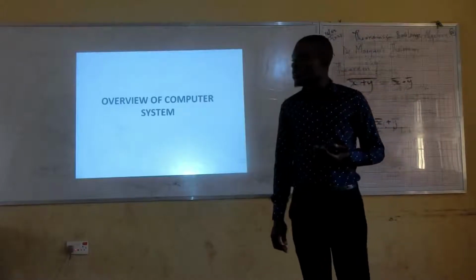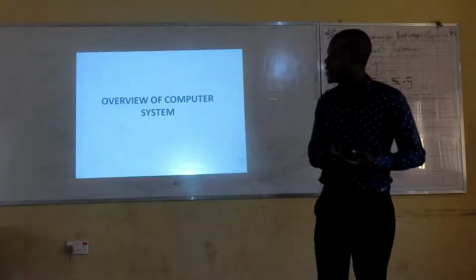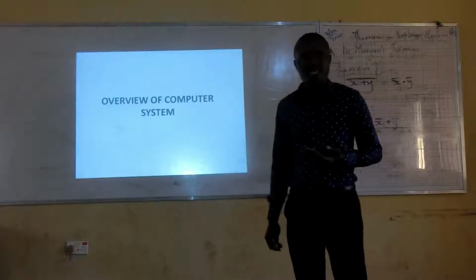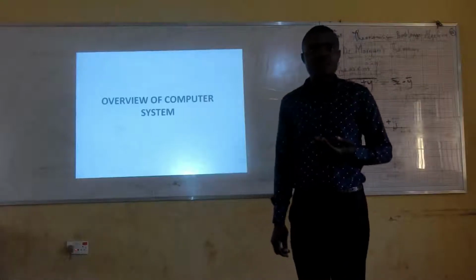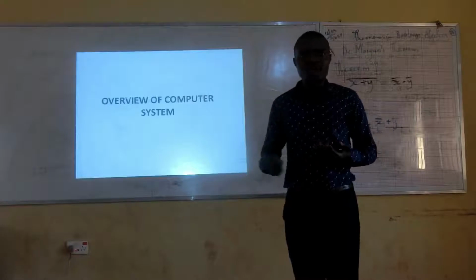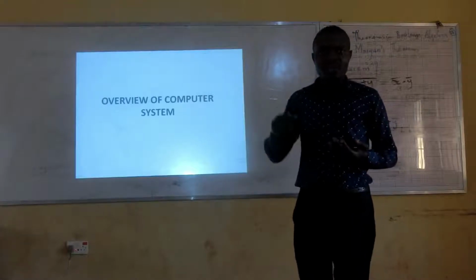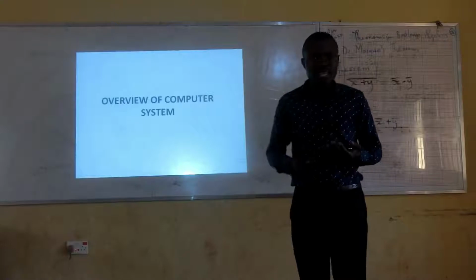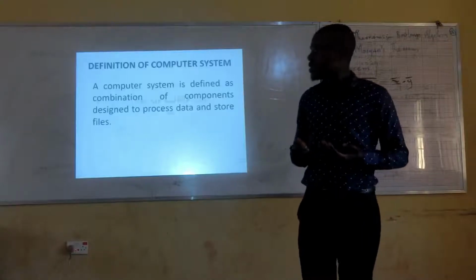Today we are going to be talking about the topic, overview of computer system. When we say system, we mean the collection of components which are meant to serve a specific purpose.